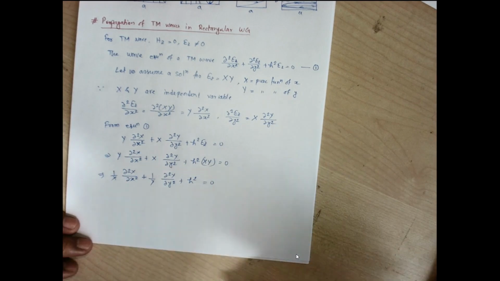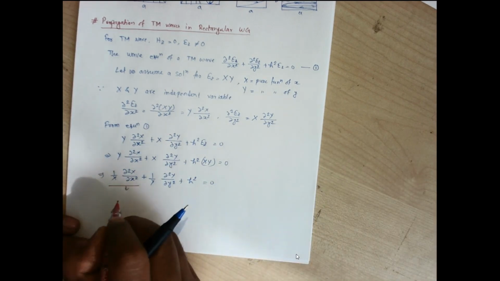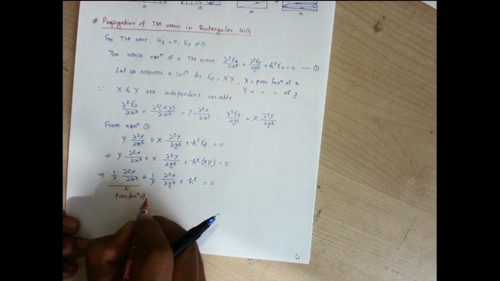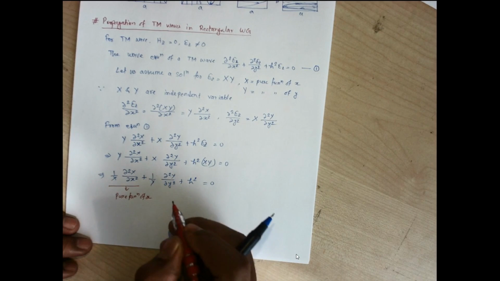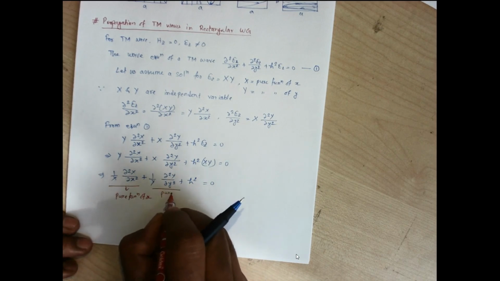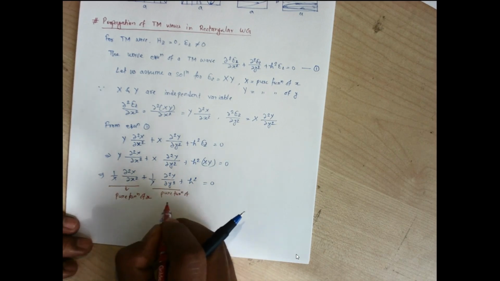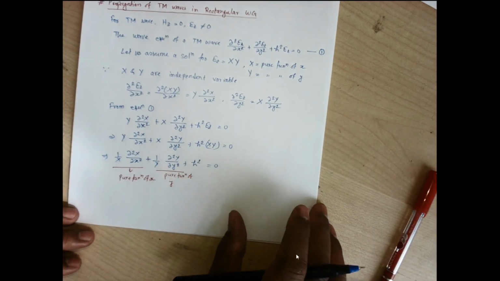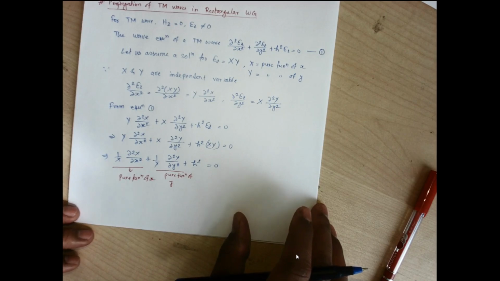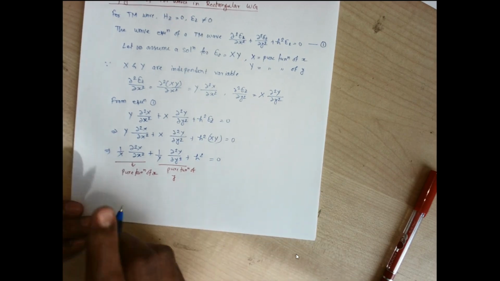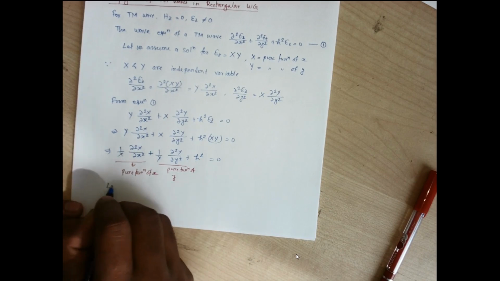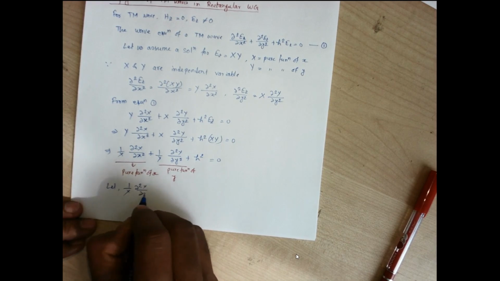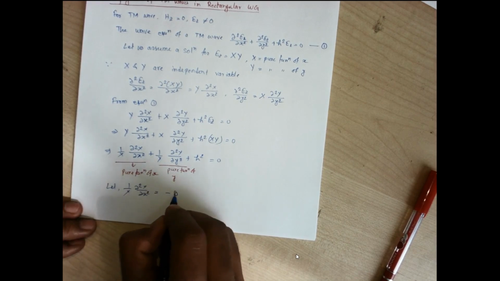So this part is a pure function of x, this part is a pure function of y. Since x and y are independent variables, we can consider 1 by X del 2X by del x2 is equal to minus b square, some constant value.